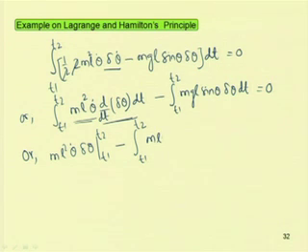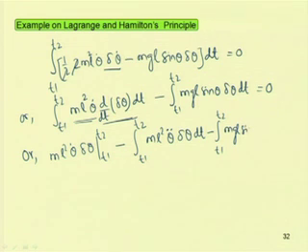This gives m L square θ̈ δθ dt, minus the integration from T1 to T2 of mgL sin theta δθ dt equal to 0. But we know δθ at T1 equals 0 and δθ at T2 equals 0, so these terms become 0. So, the remaining things now become the integral from T1 to T2.